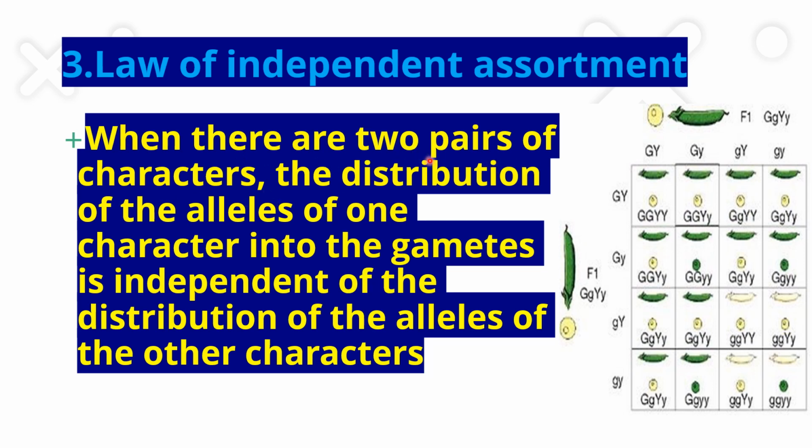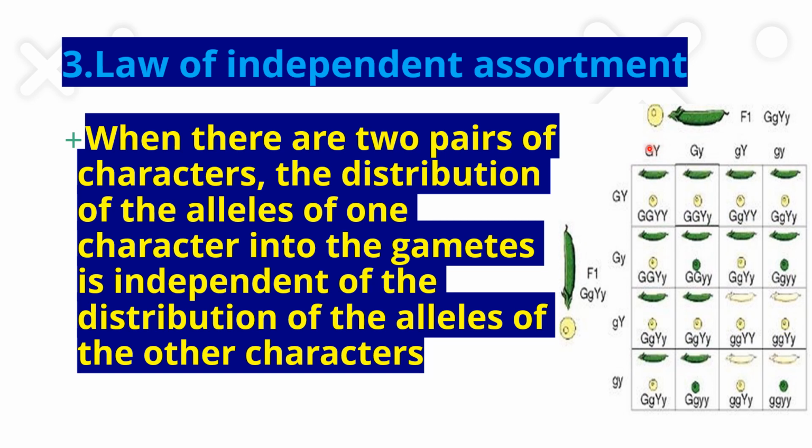Here you can see two pairs of characters, so that is applicable for a dihybrid cross. The distribution of the alleles of one character into the gametes, at the time of gamete formation, is independent of the distribution of the alleles of the other character.